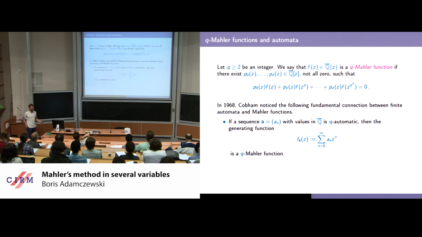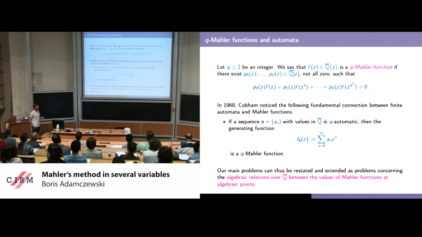Okay. So all the problems I mentioned about automatic numbers or automatic sequences, automatic sets of natural numbers, can now be rephrased as statements and also extended, because the converse is not true. So you have q-Mahler functions that are not generating functions of automatic sequences.